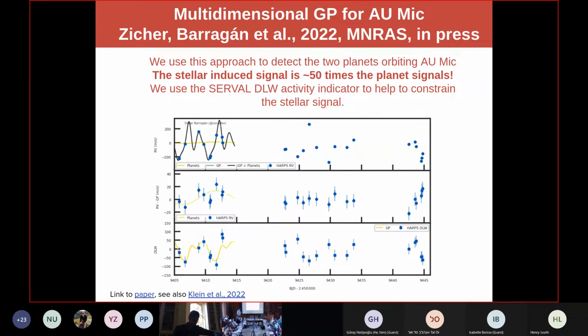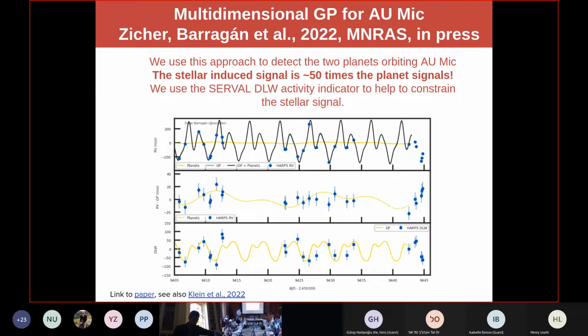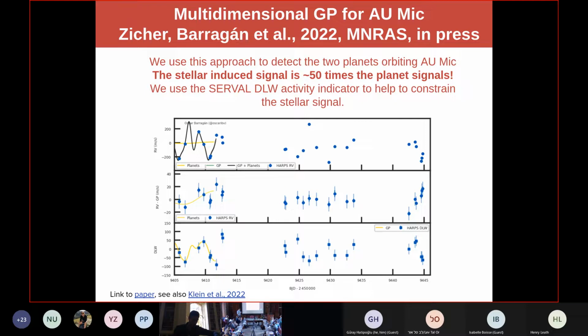But we are able to detect the signal, using here another activity indicator that helps us measure it. It was really good work that we did. I will mention in some slides ahead what we did in order to achieve this.